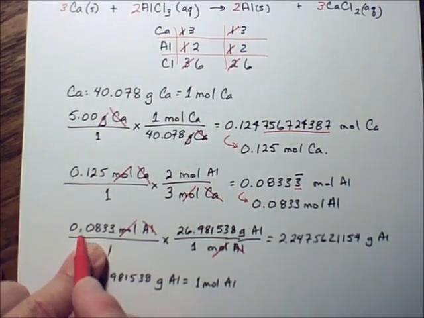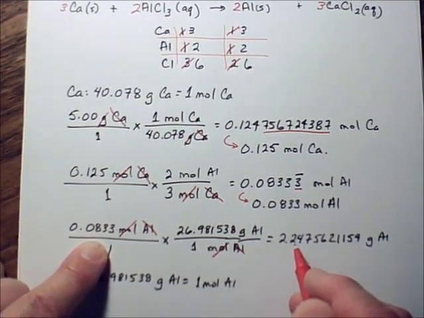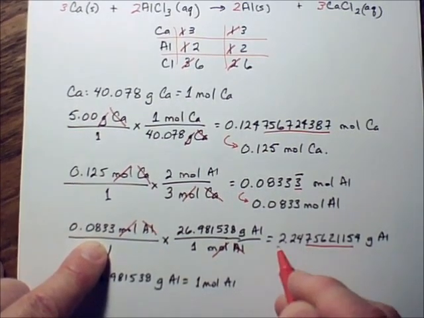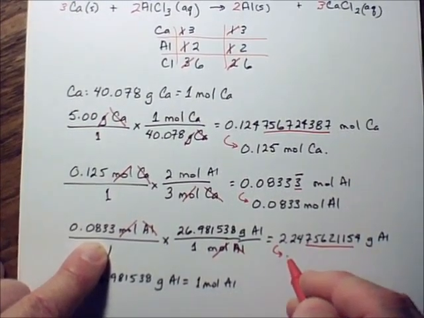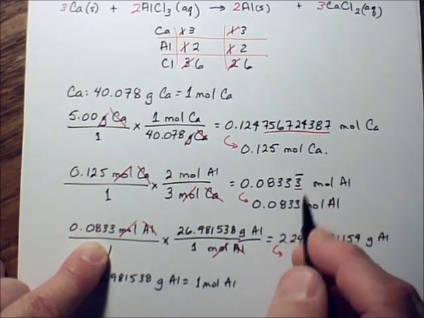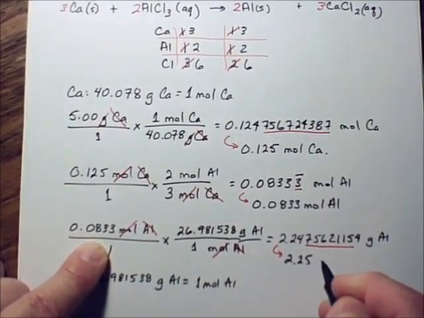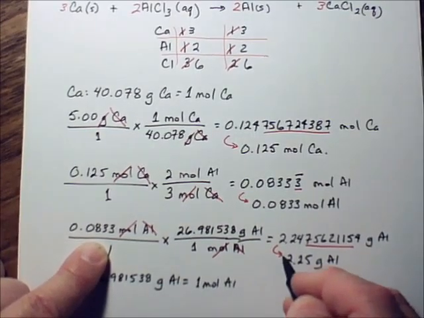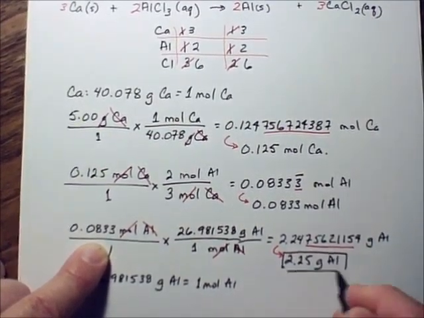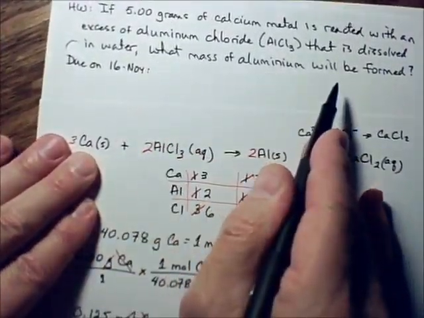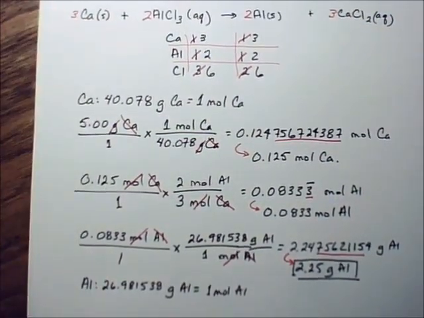Got 3 here because leading zeros are not significant. Need 3 digits here, so we start underlining from here. The 7 makes the 4 round up to a 5, so we get 2.25 grams of aluminum. And just to double check, we're looking for the mass of aluminum that's formed. That's the mass of aluminum that's formed. Any questions? All right.